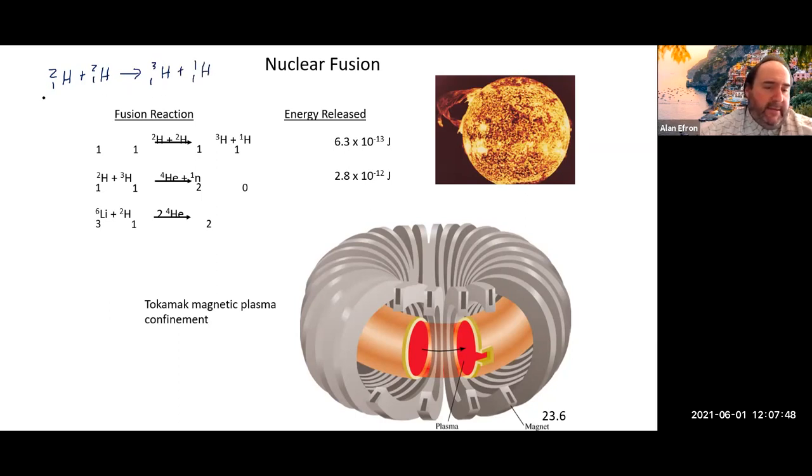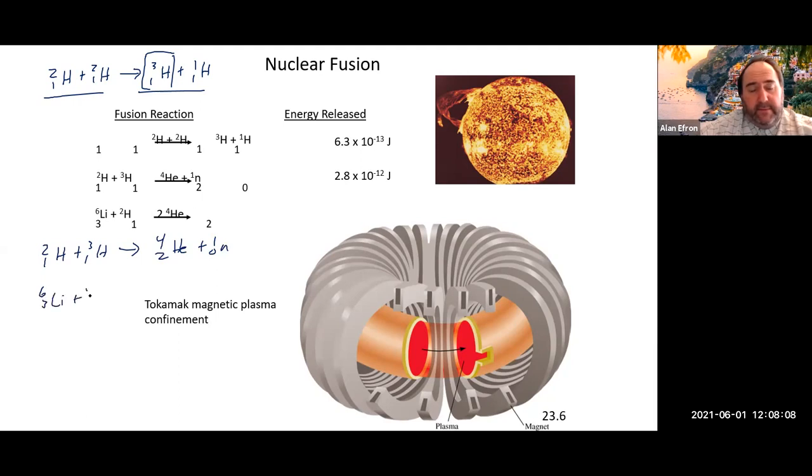We take two smaller guys and put them together to produce a larger nucleus. And again, a couple of hydrogens here then produce a helium, and then our lithium plus a hydrogen, producing a couple of our alpha particles and stuff like that.